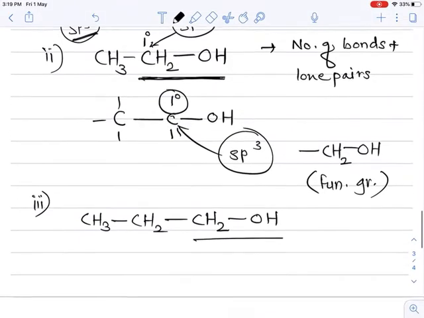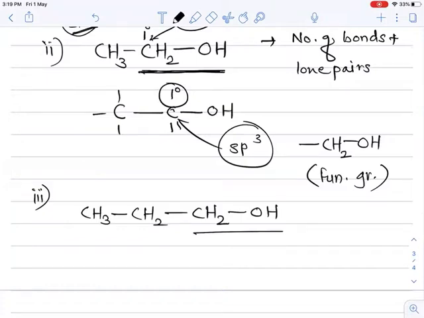Now one more example is there, a 3 carbon containing compound, that is CH3CH2CH2OH. This is the carbon to which the OH group is attached. So this is the primary carbon. Again it is singly bonded, meaning sp3 hybridized. So this is one more example of an sp3 hybridized alcohol.